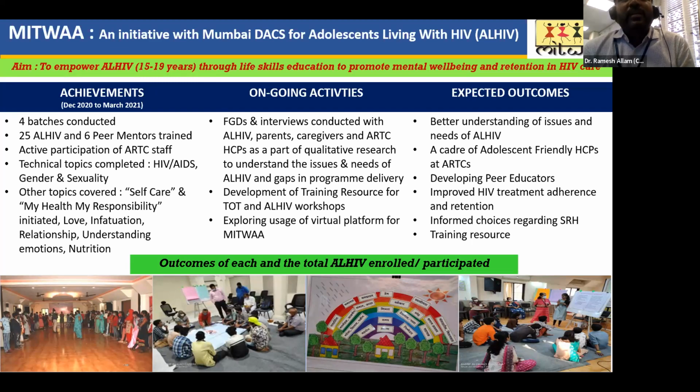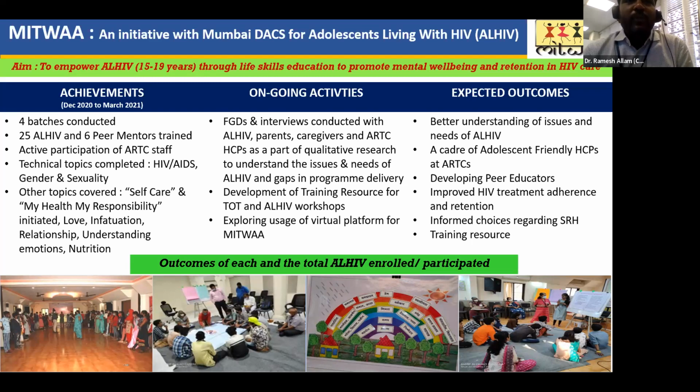This is specifically catering to children aged between 15 to 19 years. And this is a Mitwa initiative where the adolescents were trained, and the key aim of this is to identify good adolescent speakers who represent their peer group.